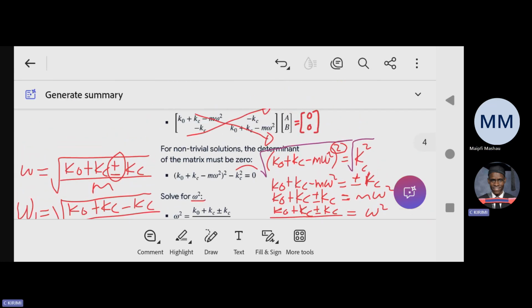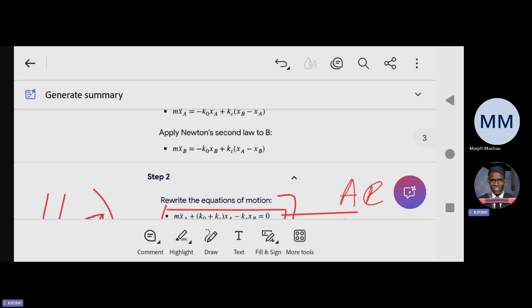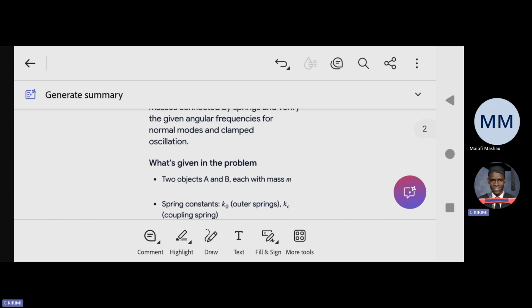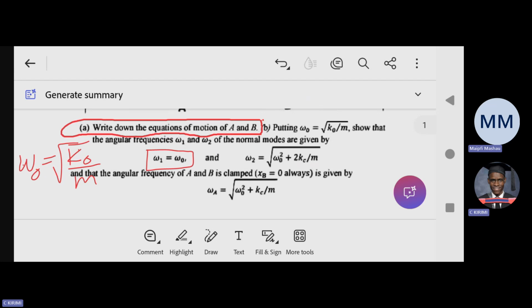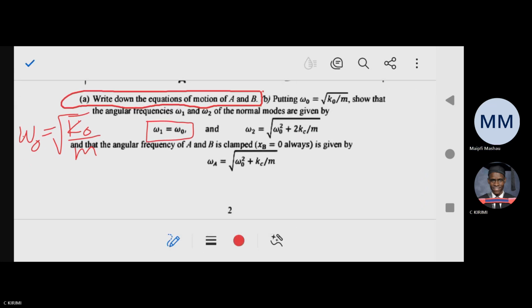So I make sure that I satisfy the conditions given on the question. W1 must be equal to W1 naught. And where did I get W naught equal to K naught over M? It was given. So we are using every piece of information that we are given.